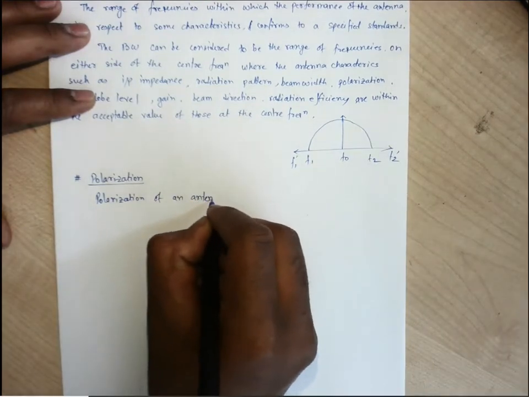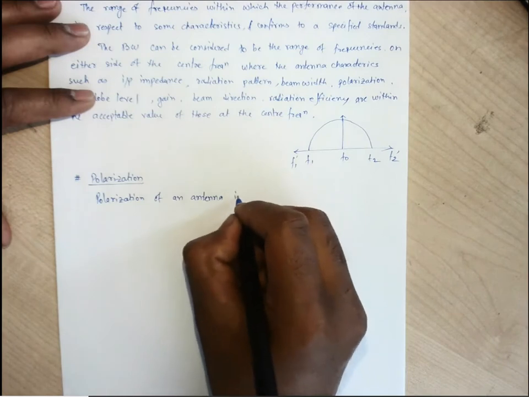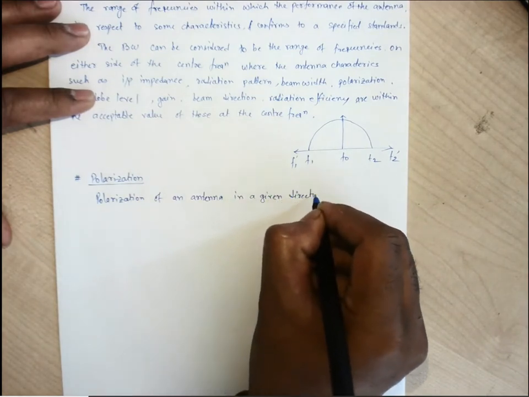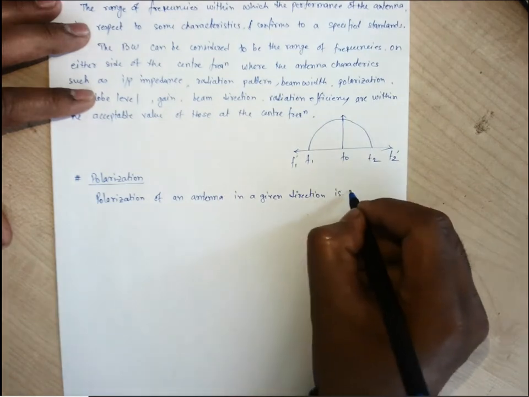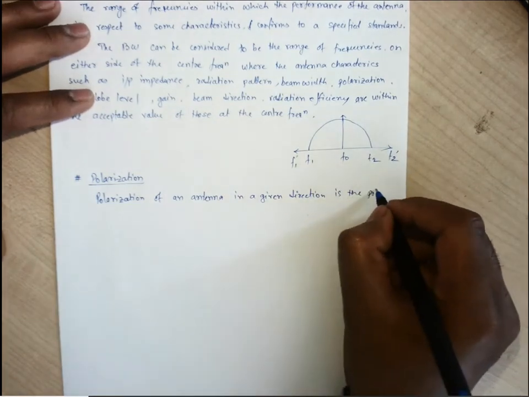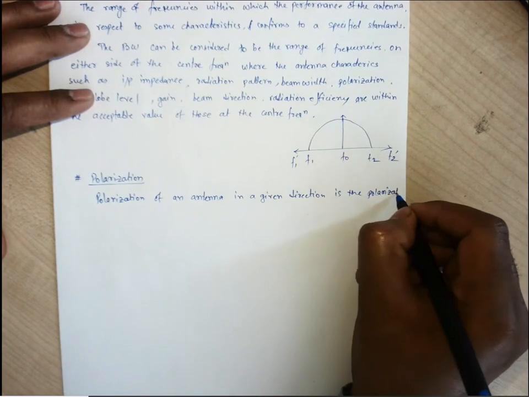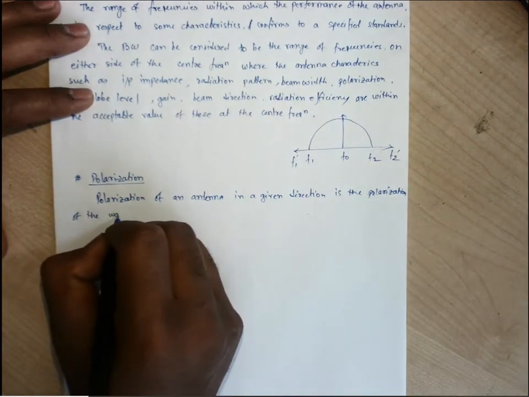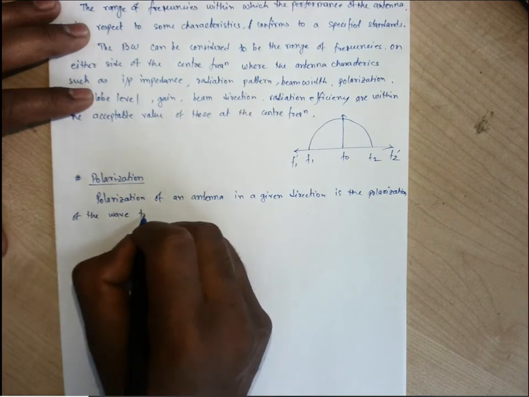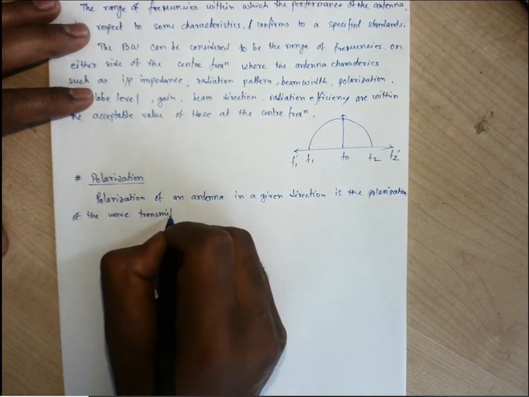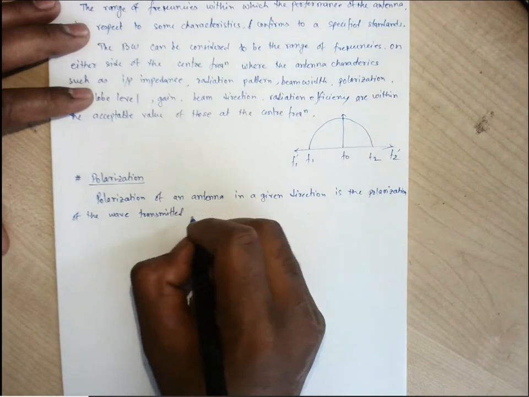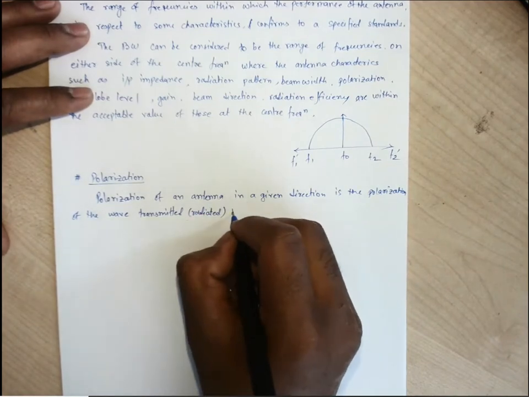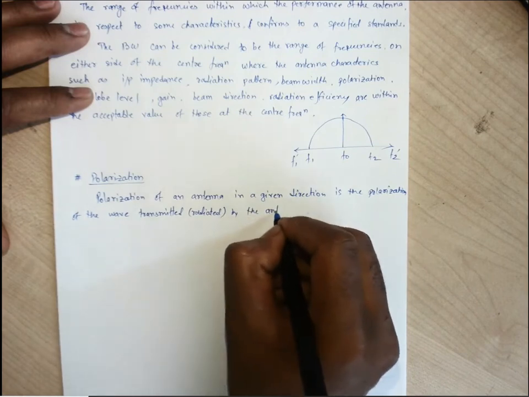The polarization of an antenna in a given direction is the polarization of the wave transmitted, that is radiated, by the antenna.